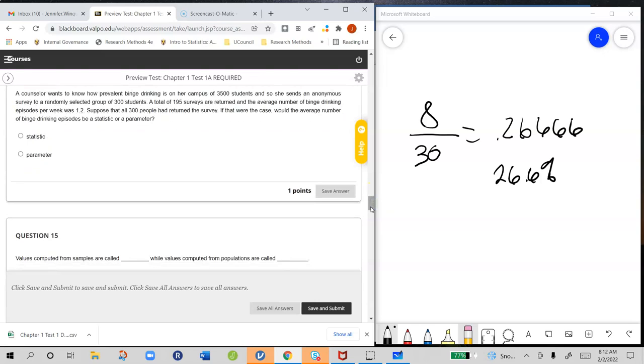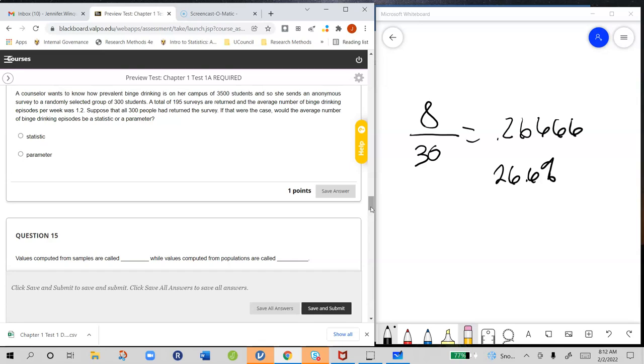Okay. Next, a counselor wants to know how prevalent binge drinking is. Same example as before. And now we're saying, suppose all 300 people returned the survey, right? Instead of, originally we said that a total of 195 were returned and then the average was 1.2. What if we received data from all 300?